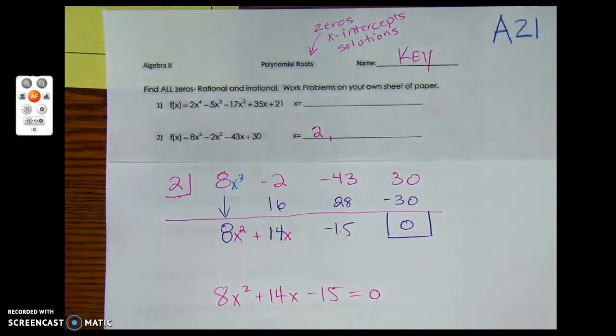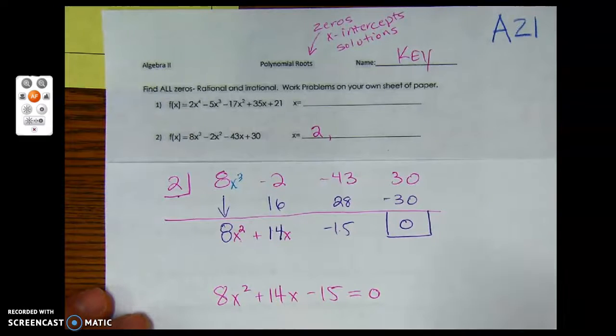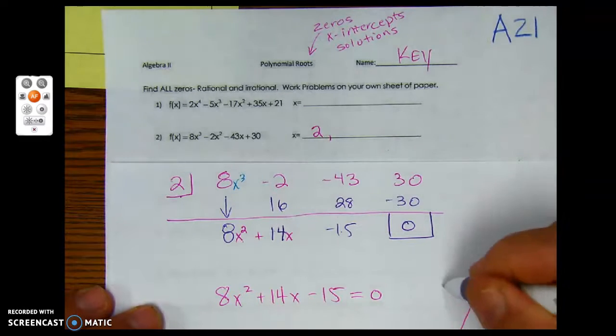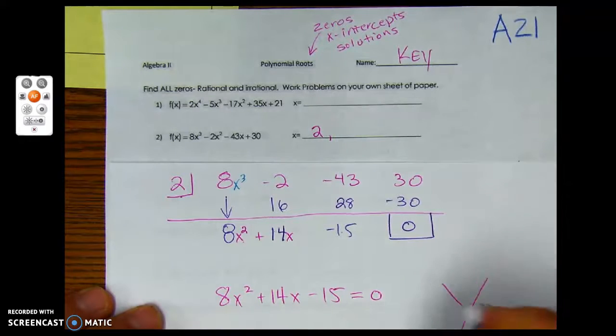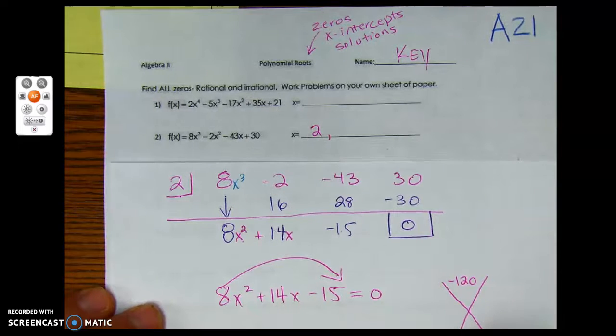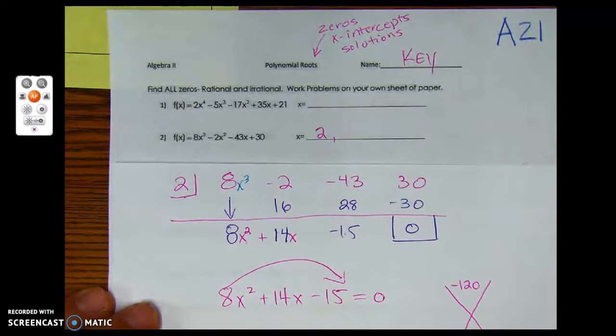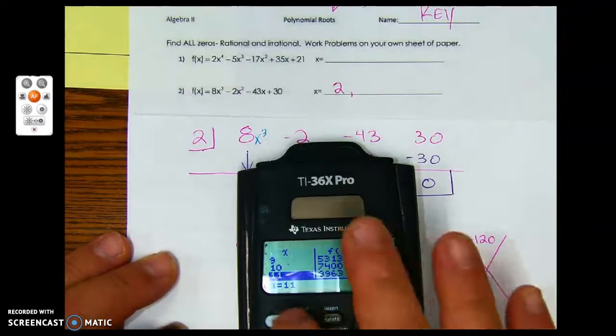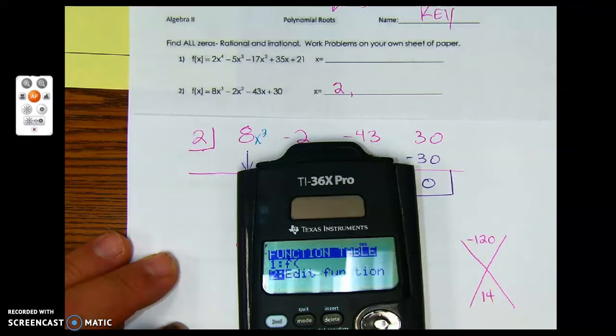That's my new polynomial. Well, I can try to factor it, which is what I'm going to do because that's what I'm best at. This might take a little work. 8 times -15 is -120. And right here I get 14. I'm going to go back to my calculator and see if I can find factors of -120 that add up to 14. So I'm going to do -120 divided by x.